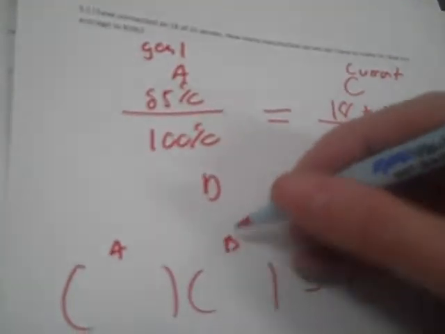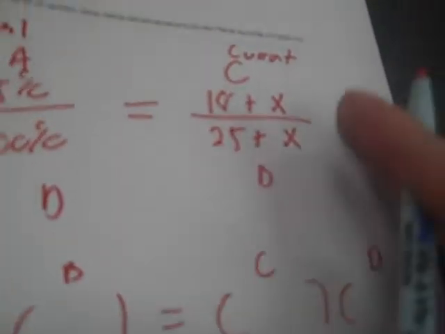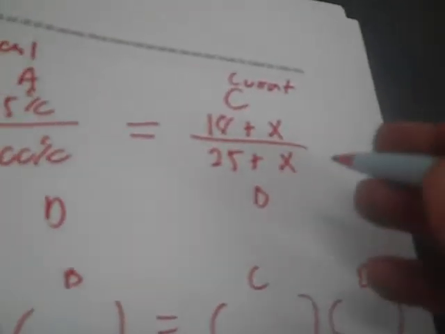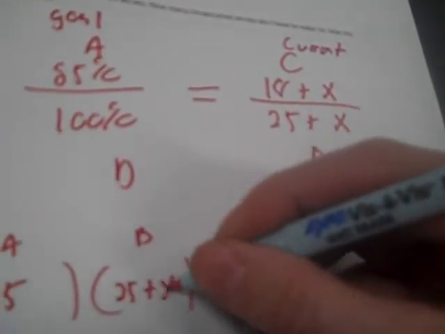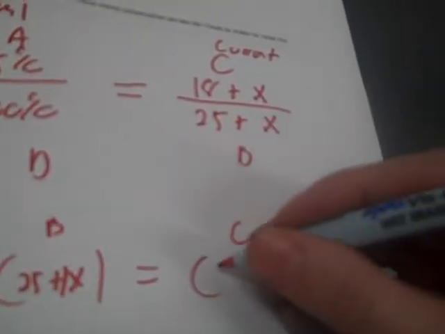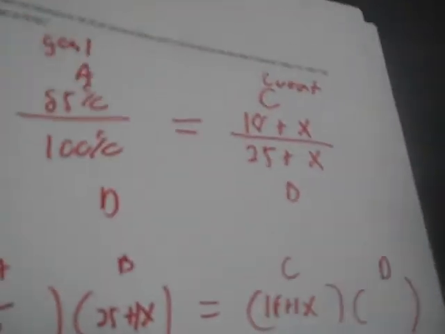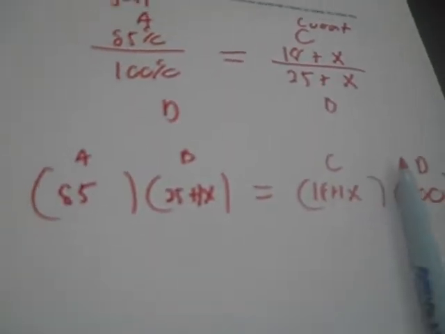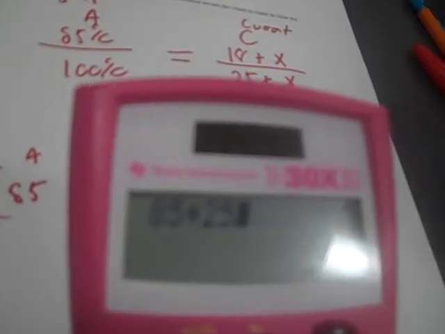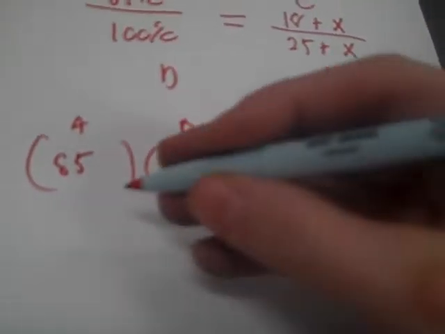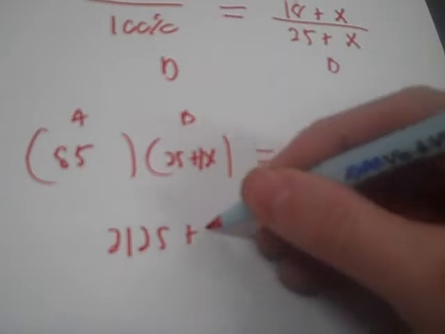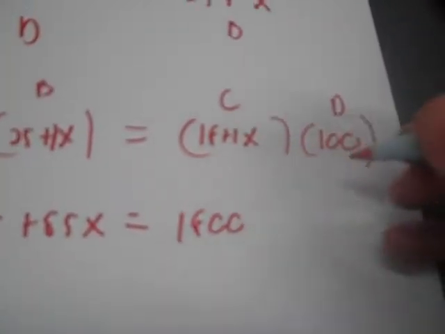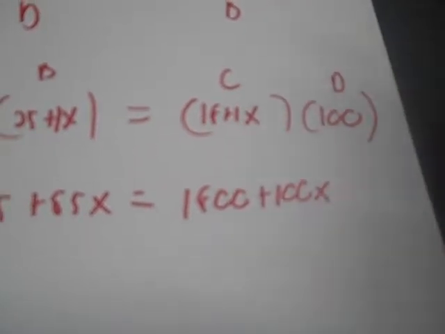So A times B equals C times D. So A is 85, B is 25 plus x, C is 18 plus x, and D is 100. Okay, so I take 85 times 25, 2,125 plus 85x, then 1,800 plus 100x.